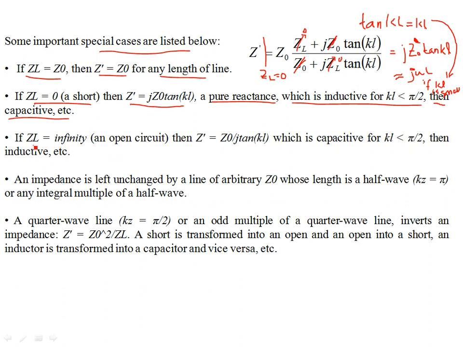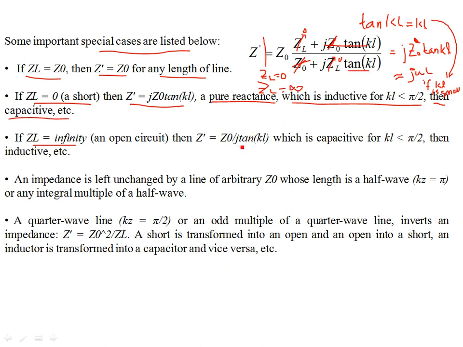Okay. Similarly, if ZL is infinity, then what you can do is divide the numerator and denominator by ZL, and then this will be 1, this will be 1 over here. These terms are going to vanish, and you will be left with a cotangent of kL.